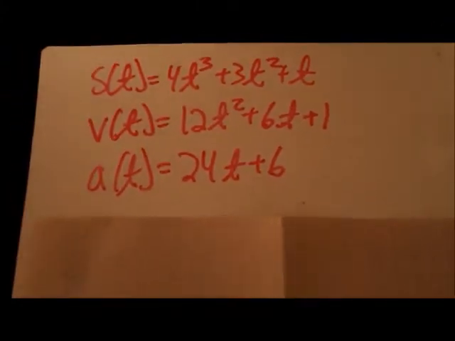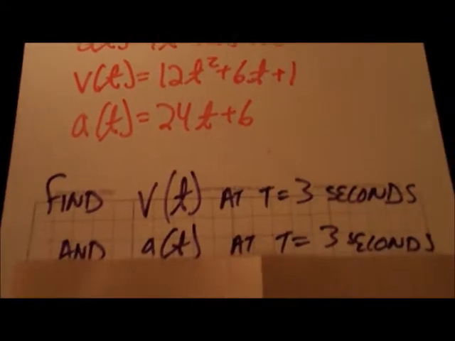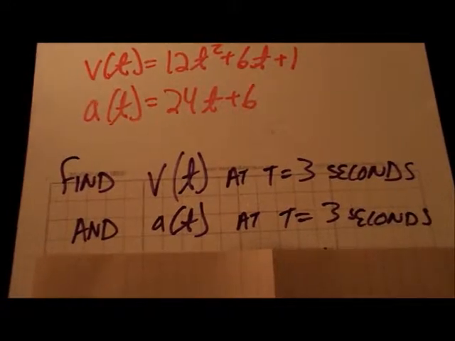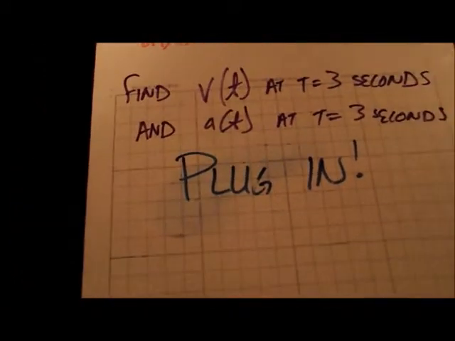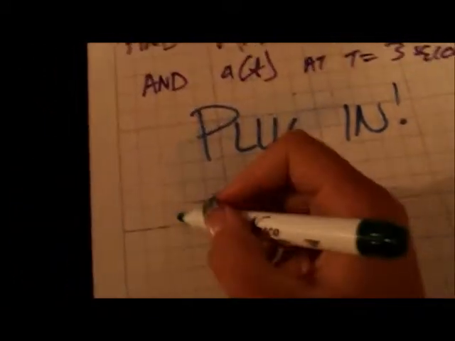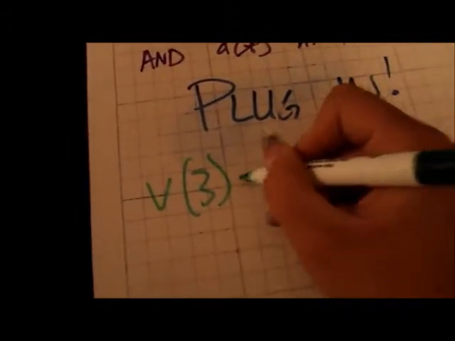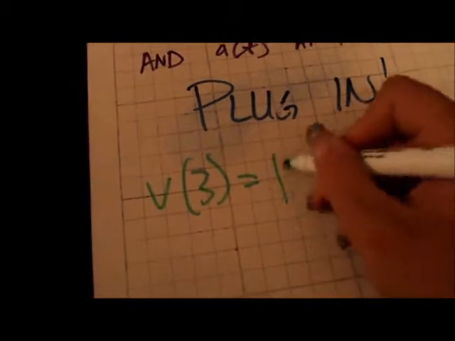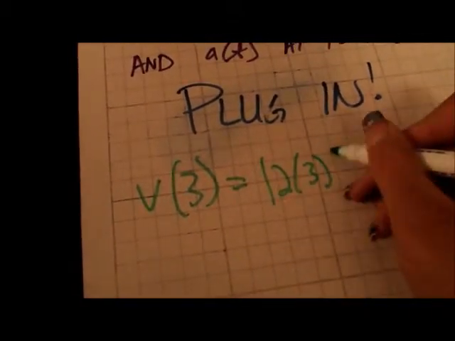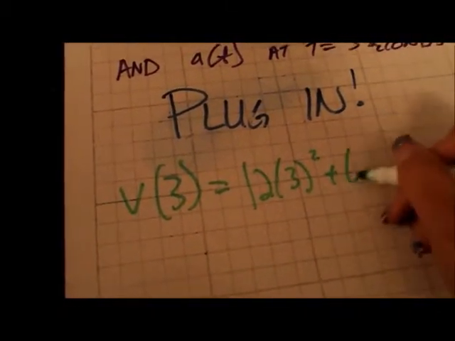Now, say you want to find the velocity and acceleration at t equals 3 seconds. You just plug 3 in for t in both equations. So v of 3 is equal to 12 times 3 squared plus 6 times 3 plus 1, which is equal to 127 feet per second.